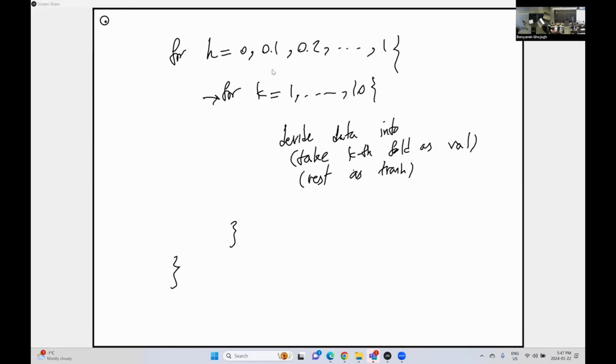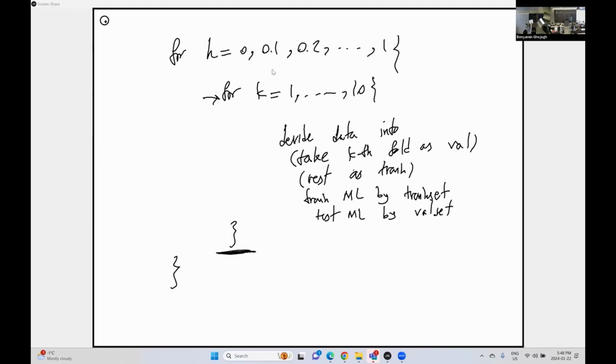And then what happens? So I train my machine learning model on the train set, then test my machine learning model on the validation set. It gives me some accuracy, some results, some performance, right? Therefore, up to this point, we have 10 accuracies, 10 validation accuracies, 10 validation errors, whatever we call them, right?